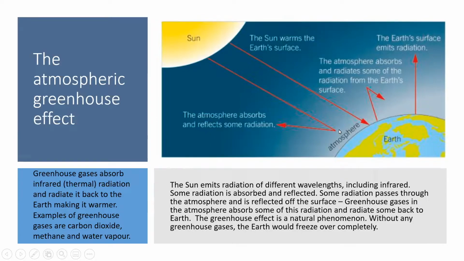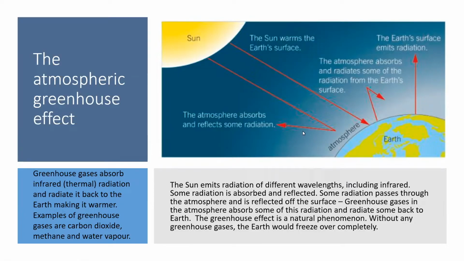Okay, so the sun emits radiation of all different wavelengths: infrared, X-rays, gamma rays, radio, UV, visible, microwave, all of the EM spectrum, but we're really focusing on infrared at the moment.